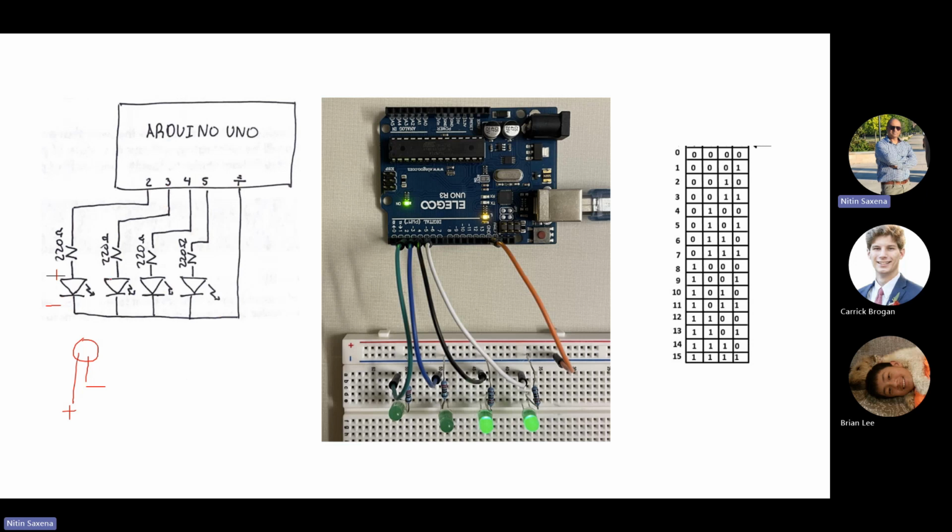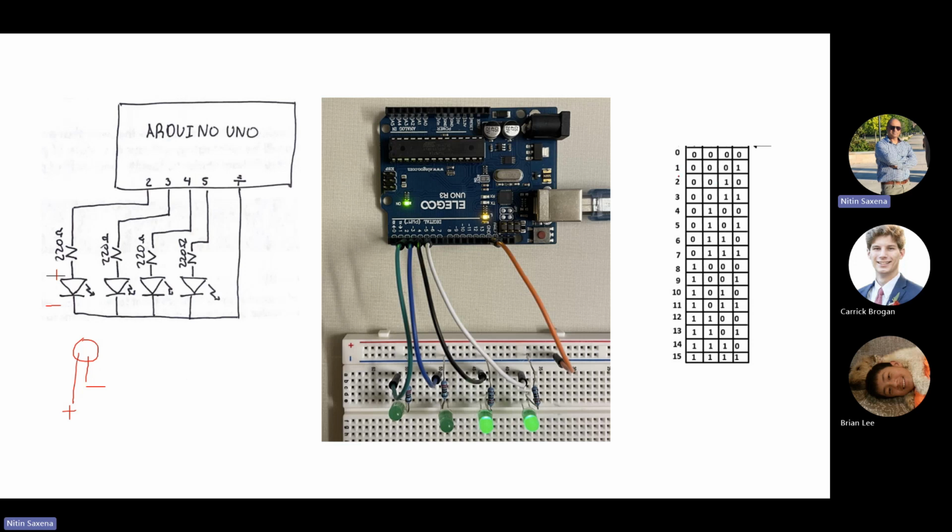Similarly, the third pin goes first to a resistor, then to an LED, and then to ground, and similarly pins 4 and 5. You can see the pattern here.